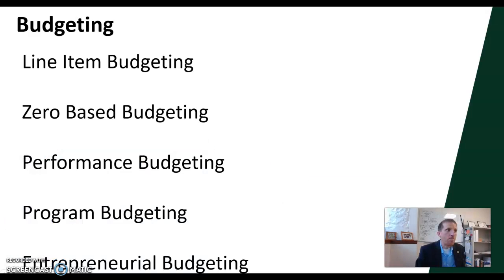A couple of different types of budgets that we can have. A line item budget is where we go line item by line item. What did we spend last year, and kind of up or down, line item by line item. What do we need to tweak and move from previous years?